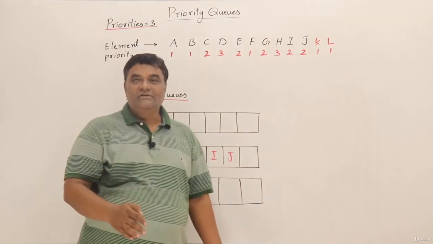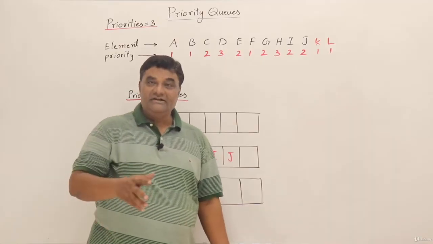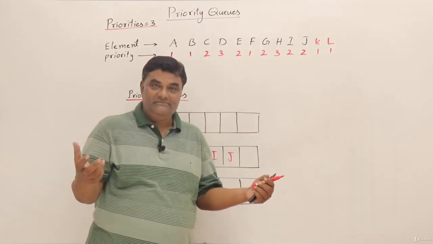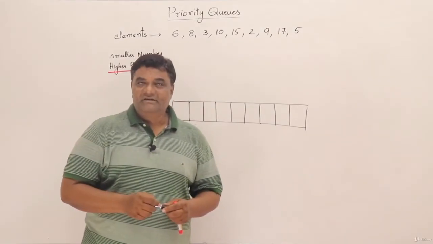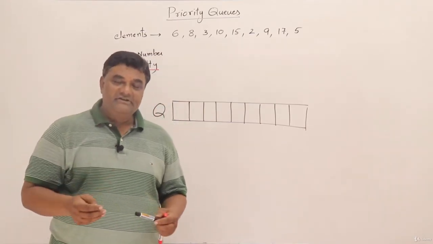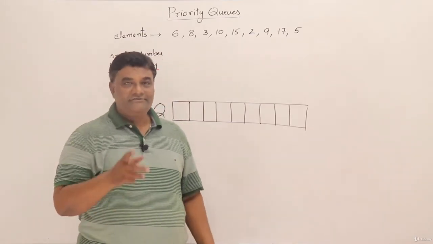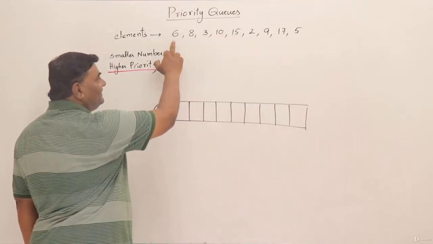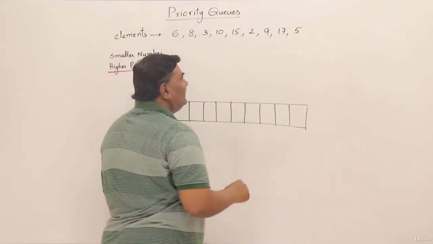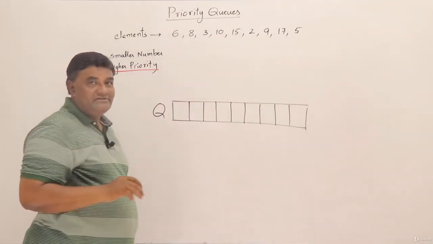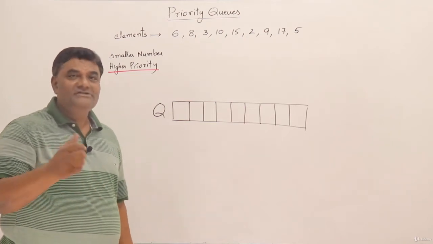Now next, let us look at the second method where every element is having its own priority. The element itself is a priority. For example, I have a set of elements 6, 8, 3, 10, and so on. The element is numeric, the number itself is the priority.